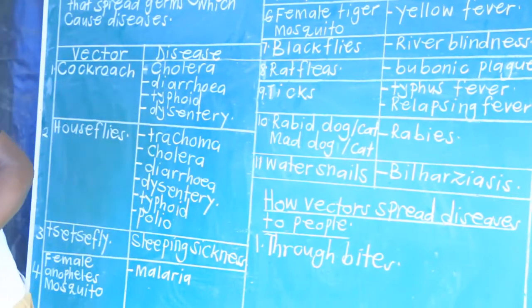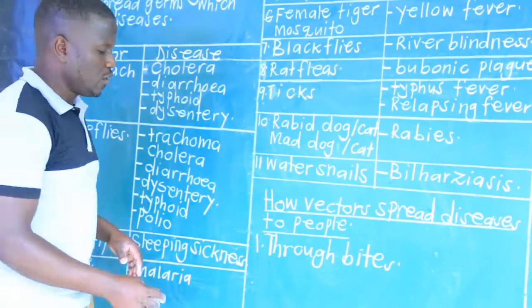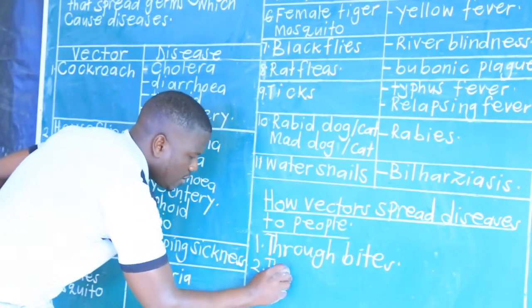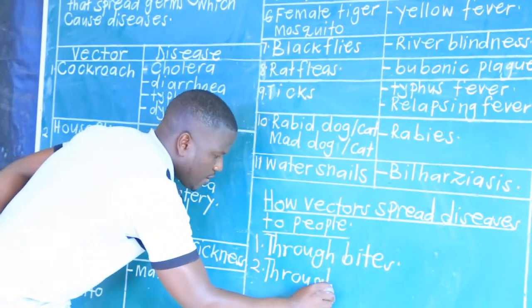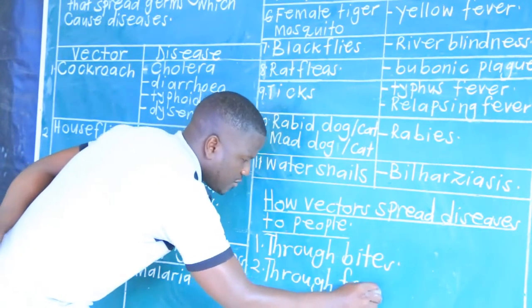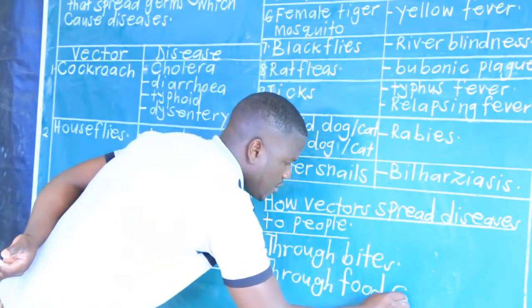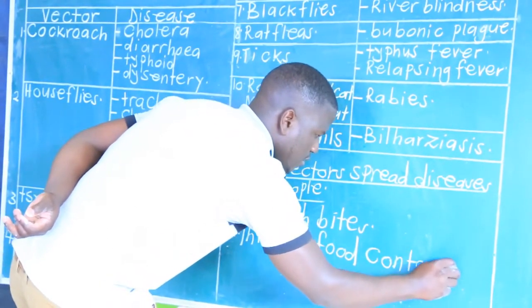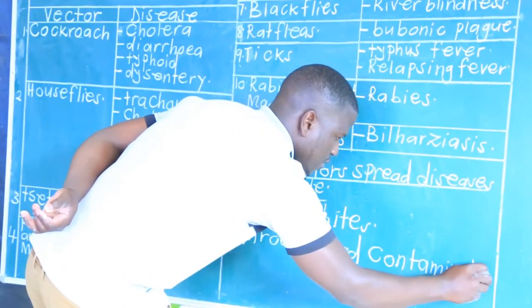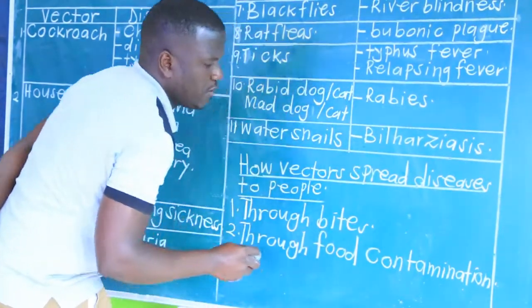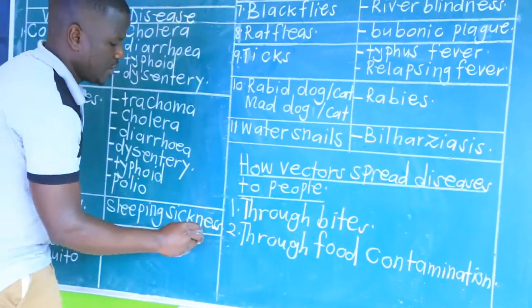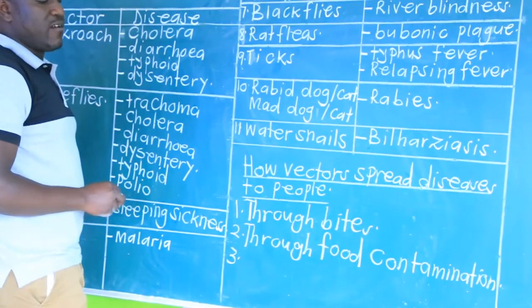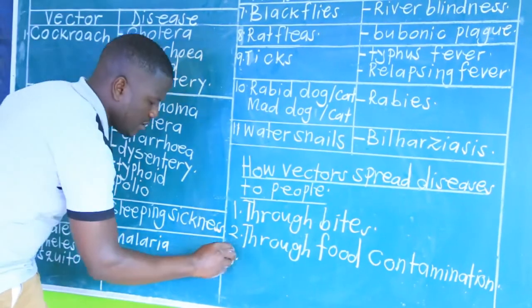So we can say, through food contamination. Then, number three, through direct body contact.